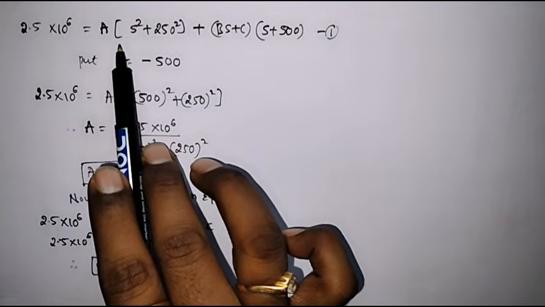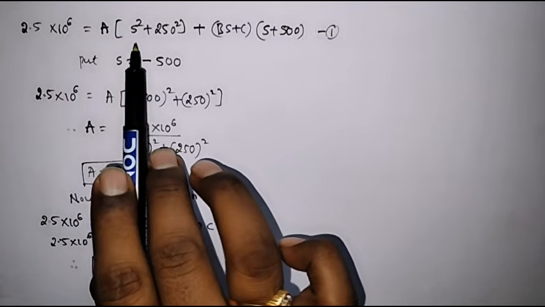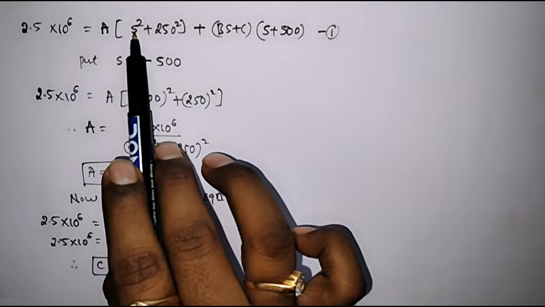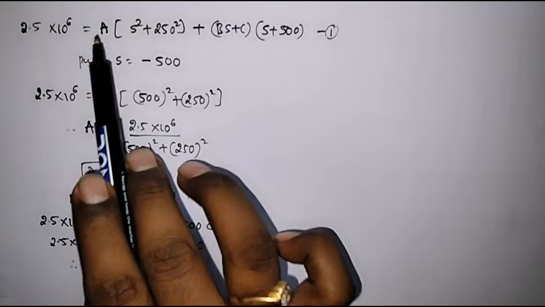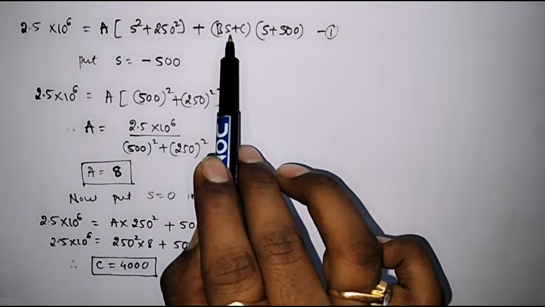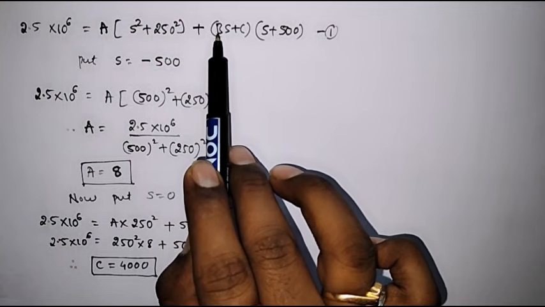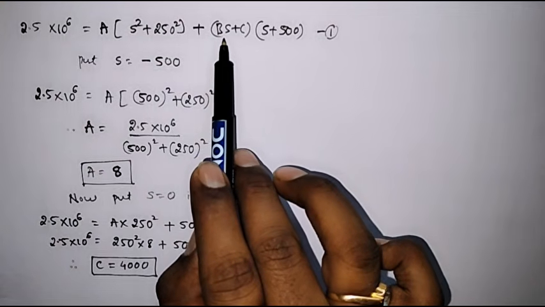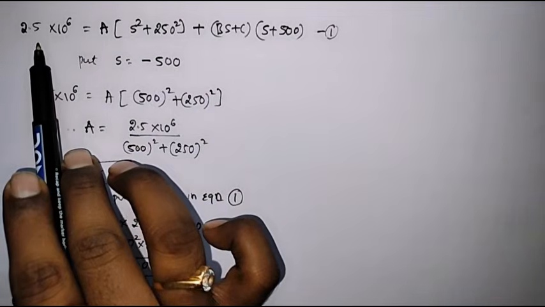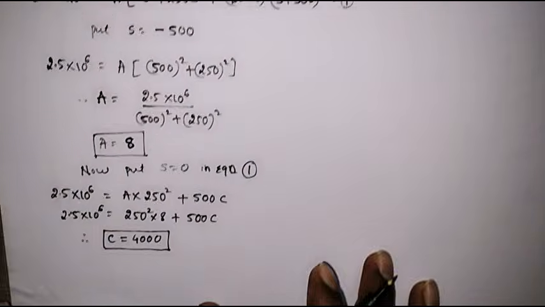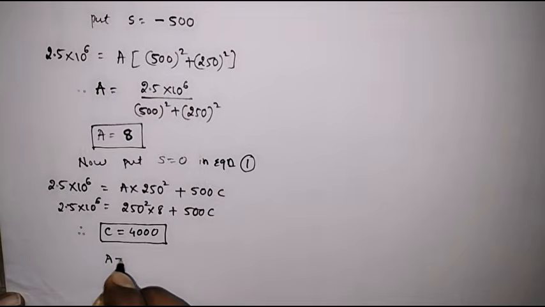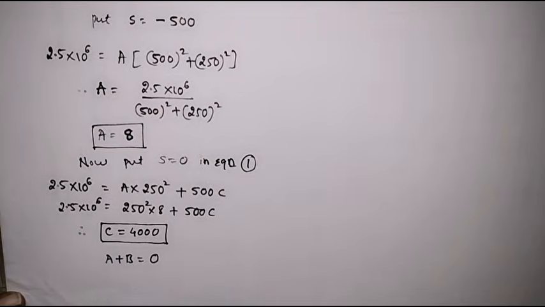When we compare that with the right hand side, here the coefficient of s square here is a, and in this term the coefficient of s square is b. So we can say the coefficient of s square on right hand side is a plus b, on left hand side is 0. So I can say a plus b is equal to 0. Therefore b can be equal to minus a, therefore b is equal to minus 8.